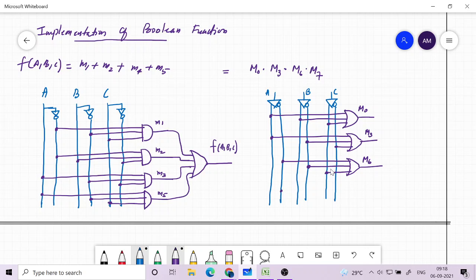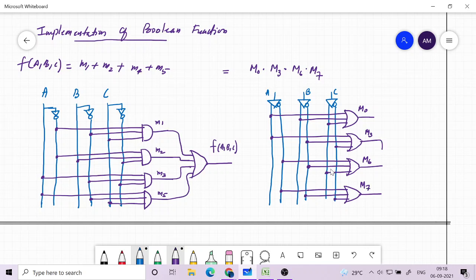So that is A bar plus B bar plus C bar. So that is M7. So we generated all these max terms.